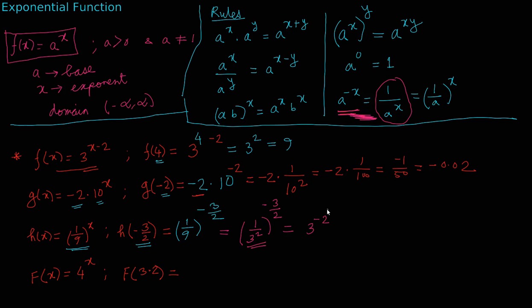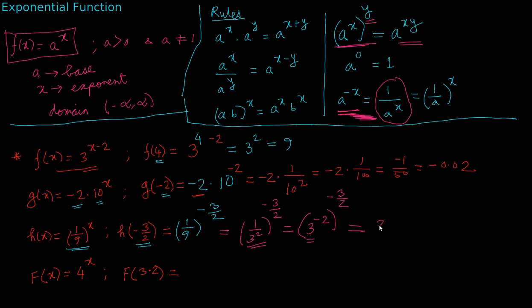And then power negative 3 over 2. Now let's look at this formula, a power x, power y, which is a power xy. So I have 3 power something, then power something.